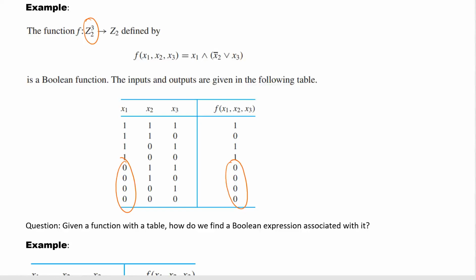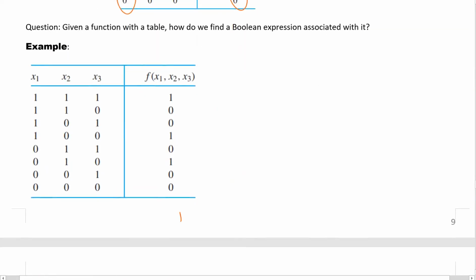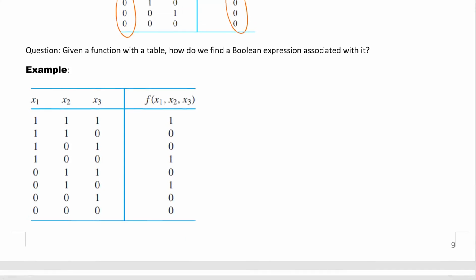So, the question: given a function with a table, how do we find a Boolean expression associated with it? In our previous example, we were given the Boolean expression and we could come up with the logic table. But now, if we're given the logic table, how can we find a Boolean expression associated with it? This is how it works.